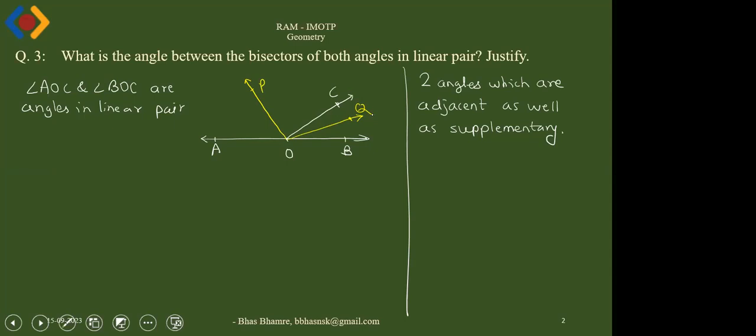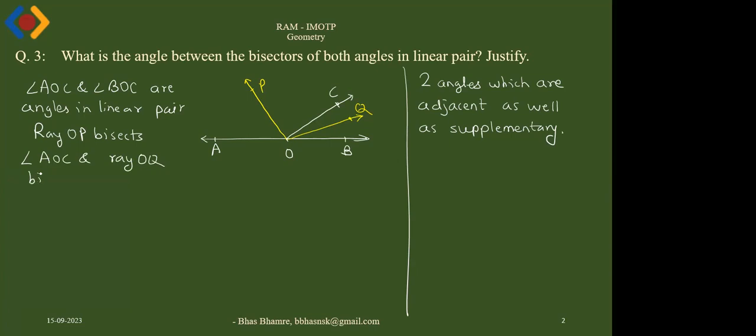So we say here that ray OP bisects angle AOC and ray OQ bisects angle BOC. When we say bisect, that is making two equal parts.